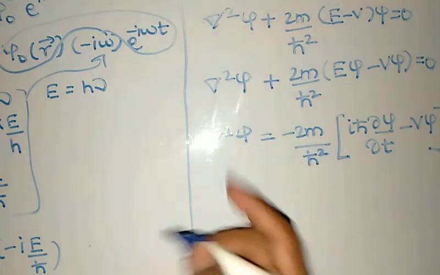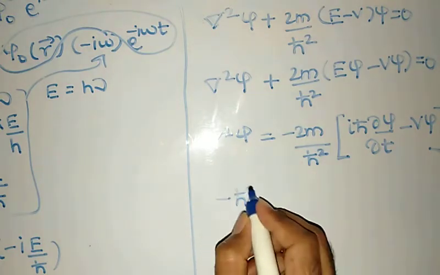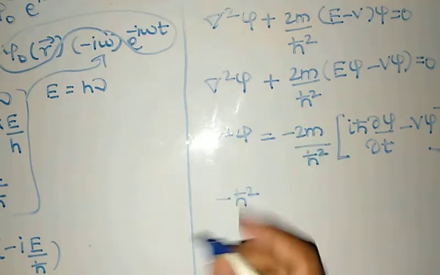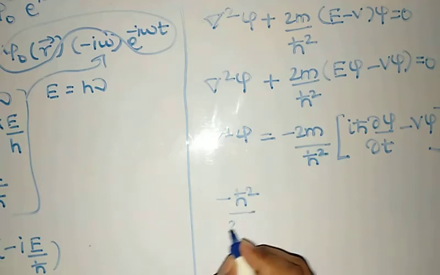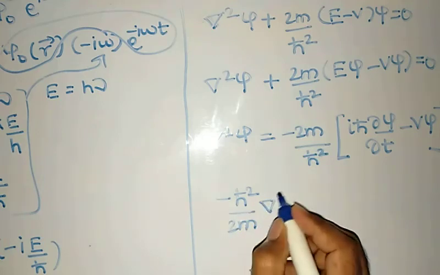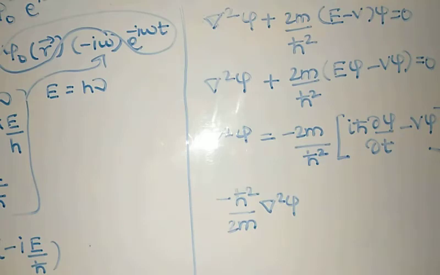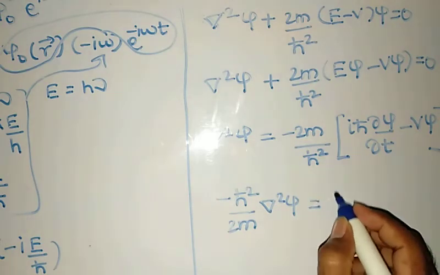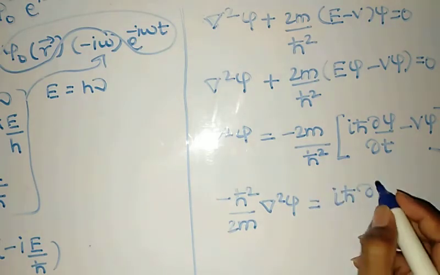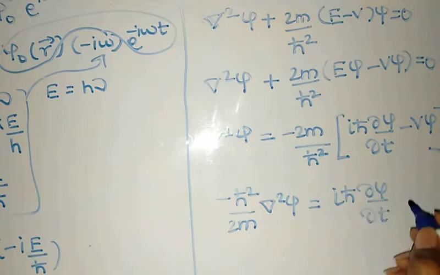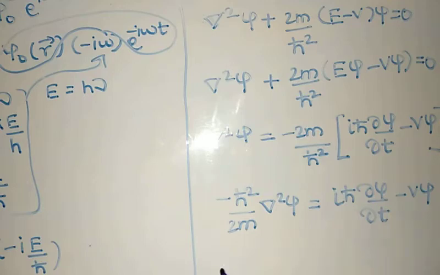So now let's shift here: h cut square upon 2m del square psi is equal to i h cut deva psi upon deva t minus V psi, and we can shift this one.